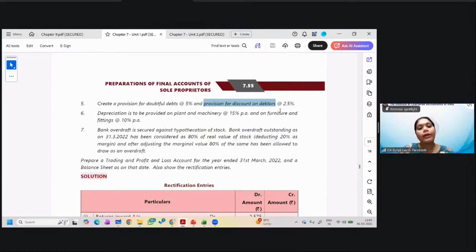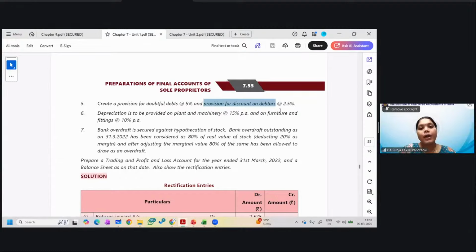Provision for discount on debtors means it is something that you are going to give him as a discount allowed, right? What is discount allowed? It is given as a discount to the customers when they are purchasing goods. We will give them a discount, and that part of the discount is an expenditure for you. Discount allowed means it is an expenditure to you, not an income, right?